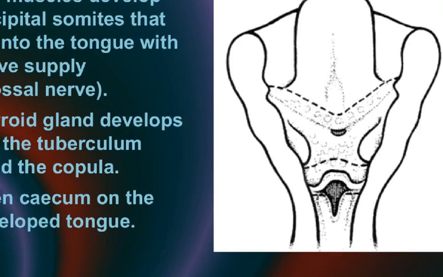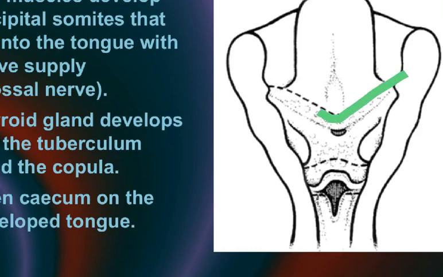The thyroid end of this duct will lead to formation of the thyroid gland. Then after the thyroid gland is formed, the thyroglossal duct will resorb, leaving just a mark, which is called foramen cecum, on the surface of the tongue.